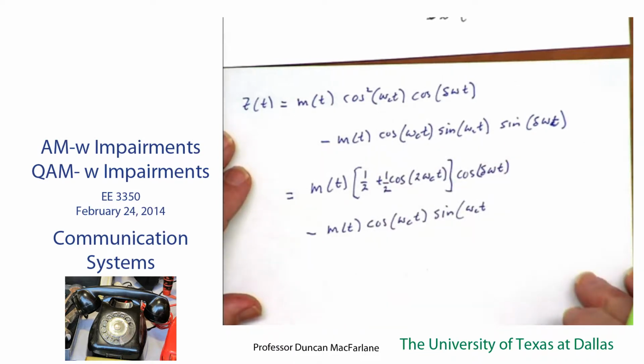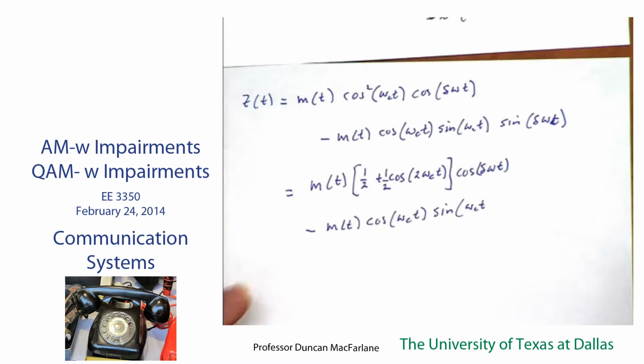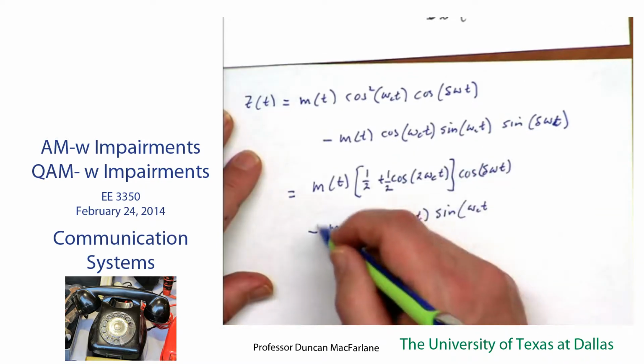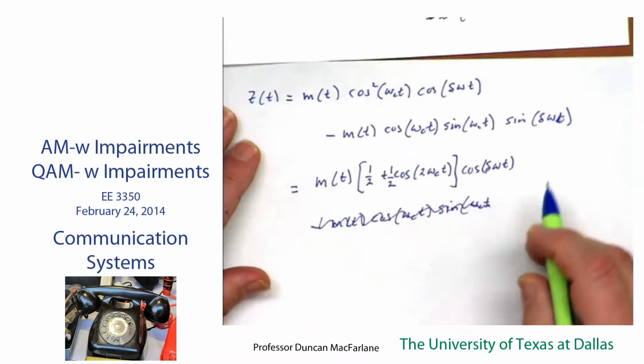Like that. The second one, can you turn that into 1/2 sine of 2 omega ct? The second one. This guy here? Yes, sir. Times cosine sine. That one, yeah, actually. Okay.